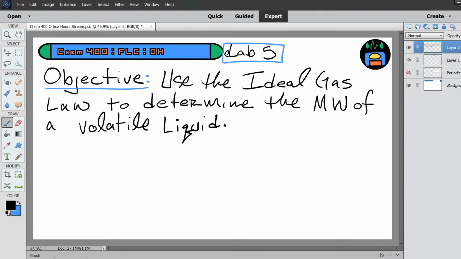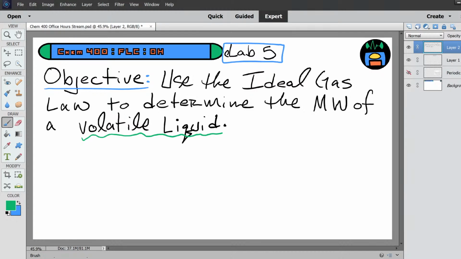All right. So the objective for Lab 5 is we're going to use the ideal gas law to determine the molecular weight of a volatile liquid, and so for starters, let's talk about what this means.